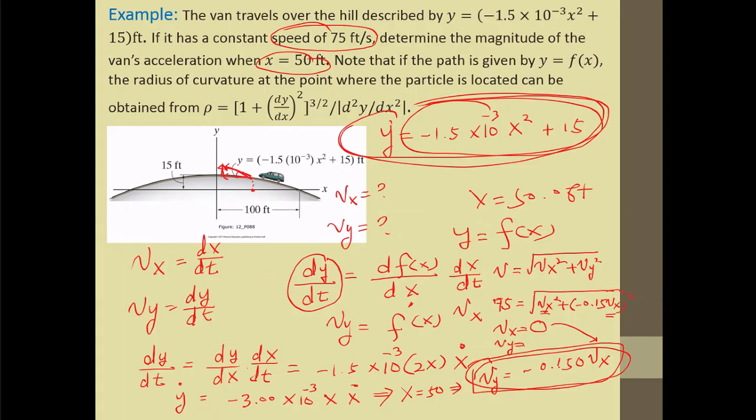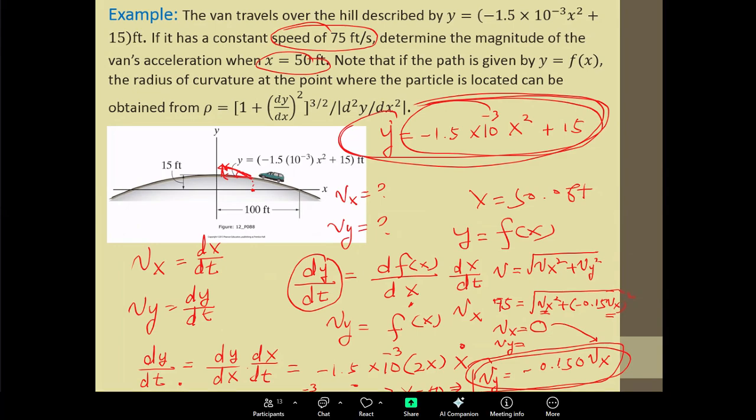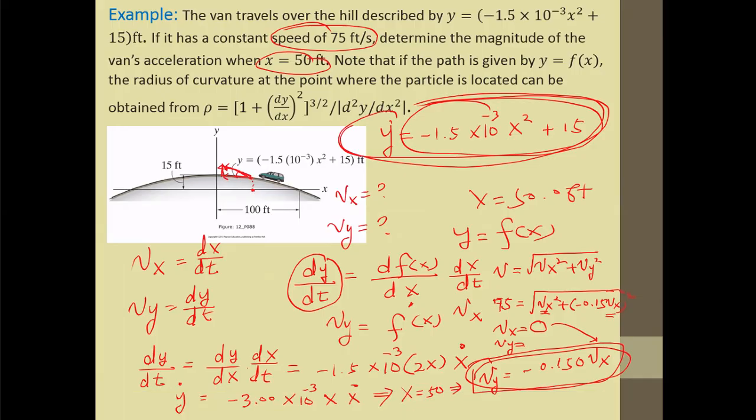So what's the answer for vy? You left it blank after you put vx equals 0 and explained all that. I gave you an idea. I did not calculate. 75 equals the square root of vx squared plus negative 0.15 vx squared. Then you have only one variable, vx. You solve for vx, right? And then using that relationship, vy equals negative 0.15 vx.